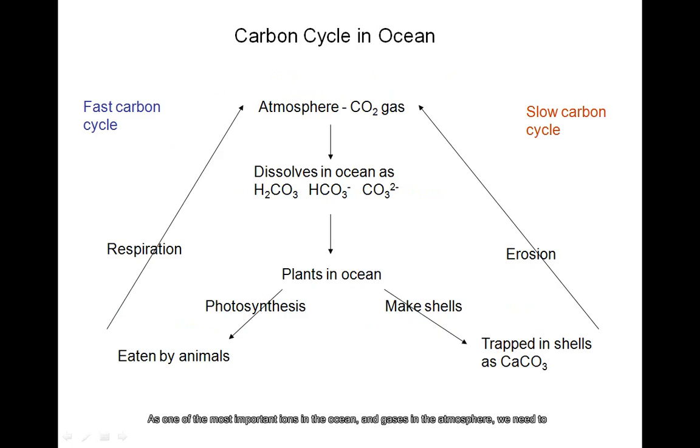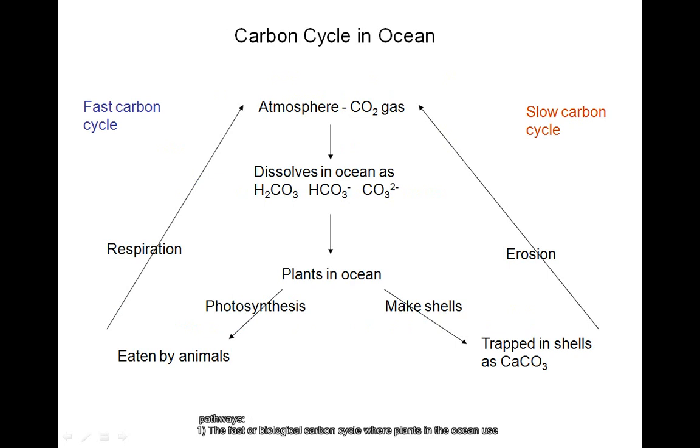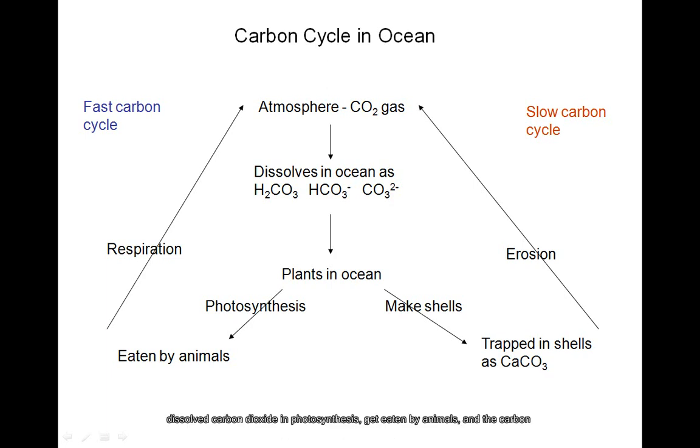Now, as one of the most important ions in the ocean and gases in the atmosphere, we need to understand how carbon dioxide cycles through the ocean. And there's going to be two basic pathways. One, the fast or biological carbon cycle, where plants in the ocean use dissolved carbon dioxide in photosynthesis, get eaten by animals, and the carbon dioxide through respiration is quickly returned to the ocean or atmosphere.